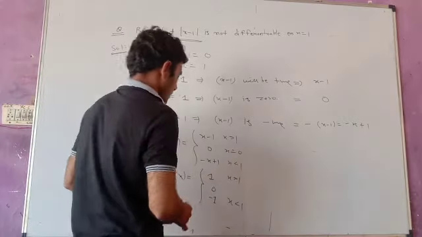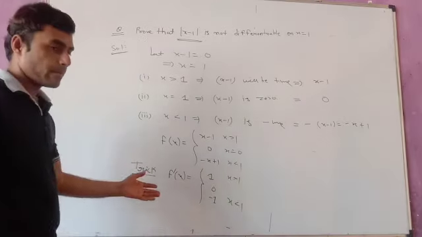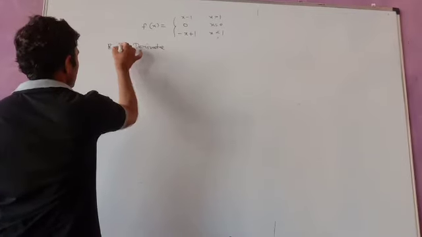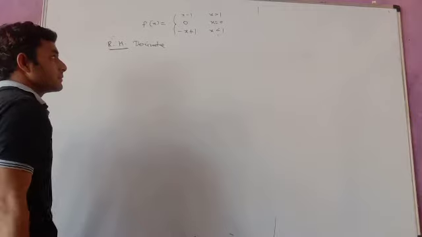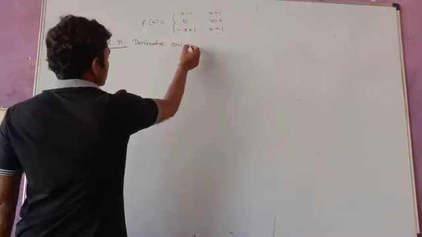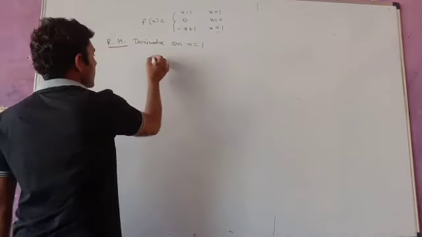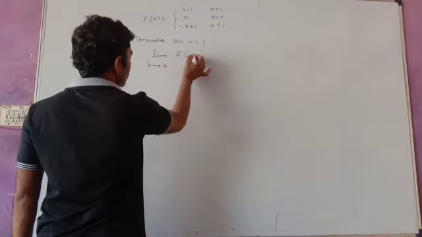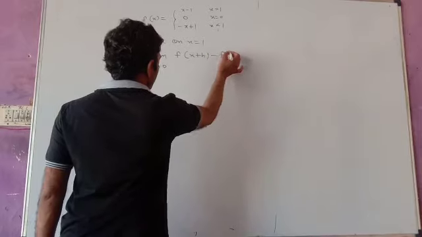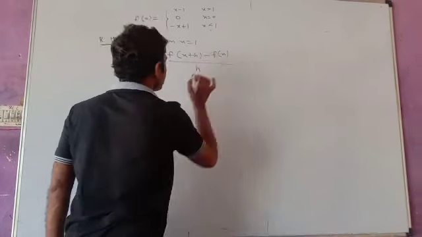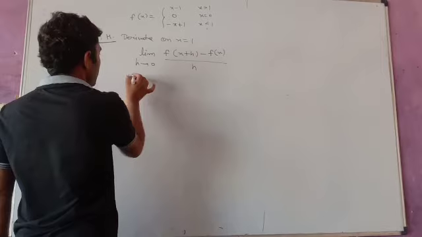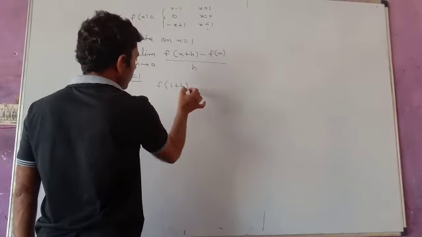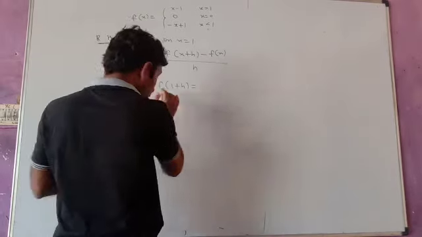Okay, so let's see it. Right hand derivative at x equals 1. Limit h tends to 0, f of (x plus h) minus f(x) divided by h. x is 1, so f(1 plus h).